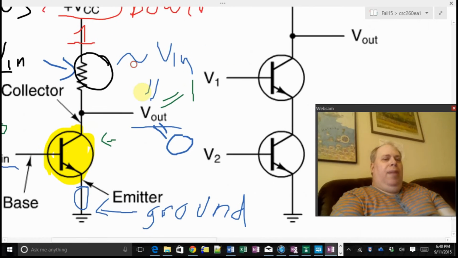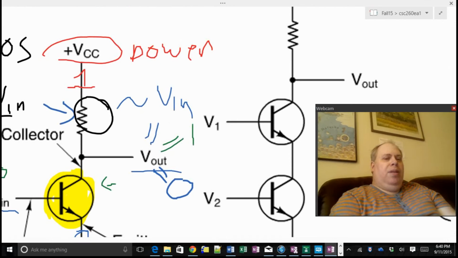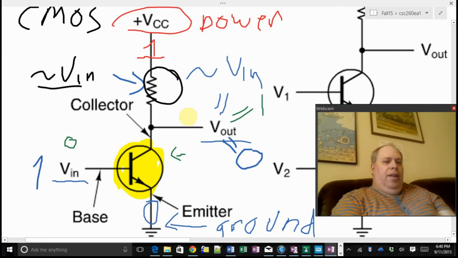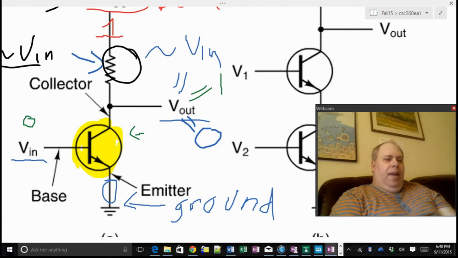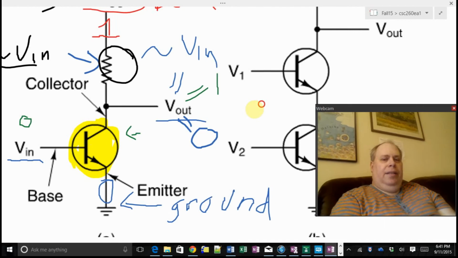Now, one of the problems is that as circuits get faster, the switching happens more and more, and the advantage of CMOS starts to disappear.